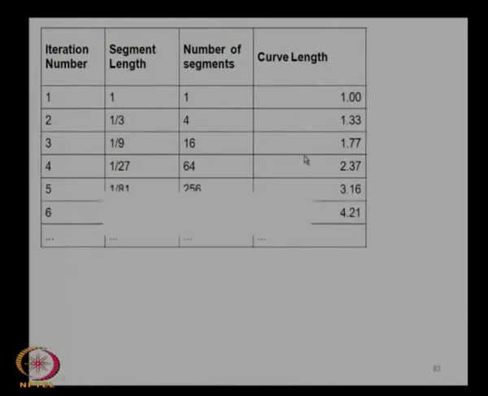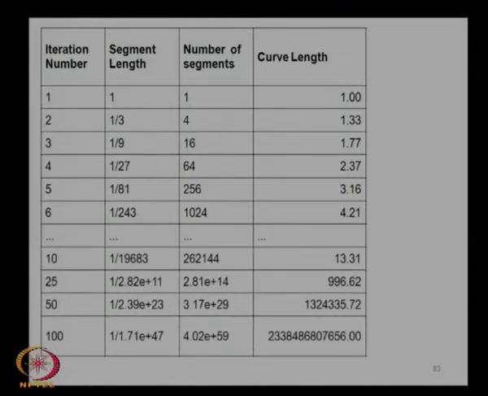You continue 5, 6, 7, 8, 9, 10, 11, 12, go on and on, and you get to 10 and 25 and 50 and 100 and see how large numbers you are getting. So what you measured as 1 unit of length is blowing to infinity.